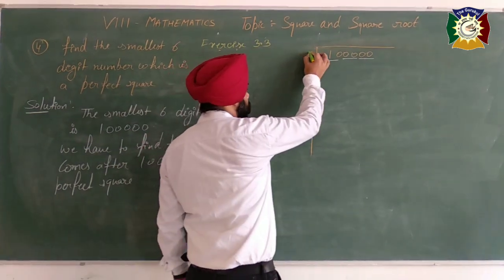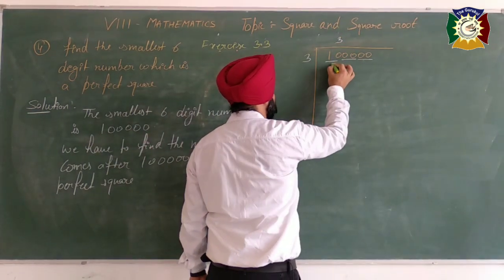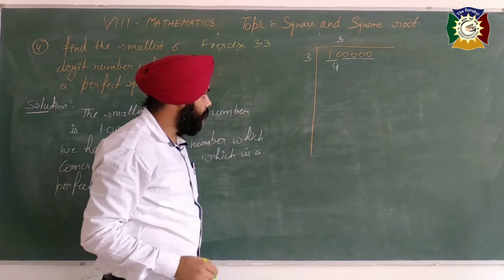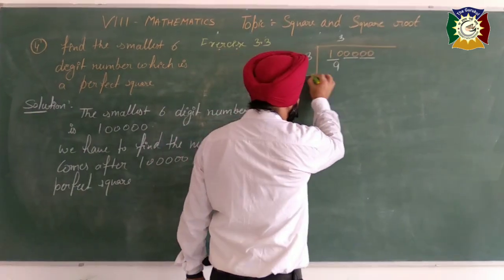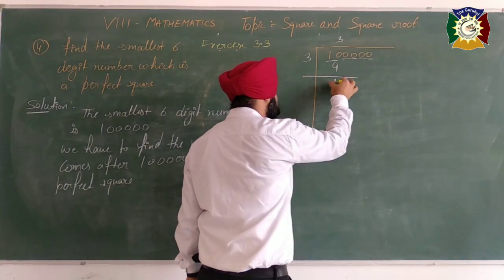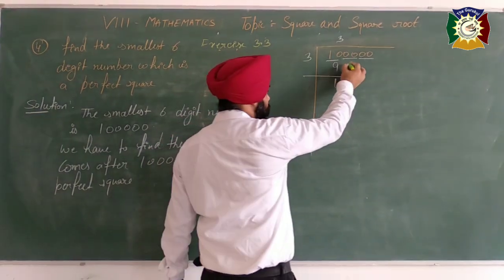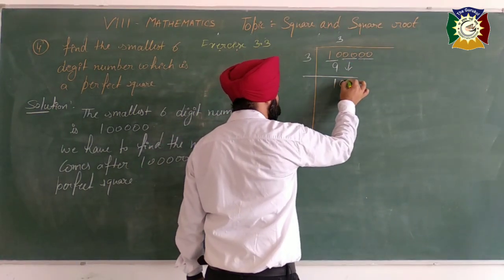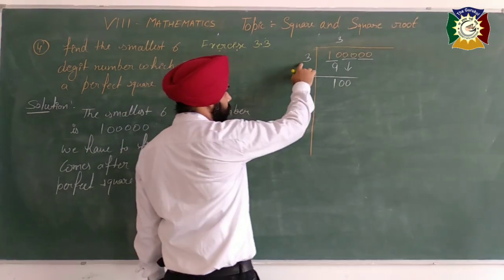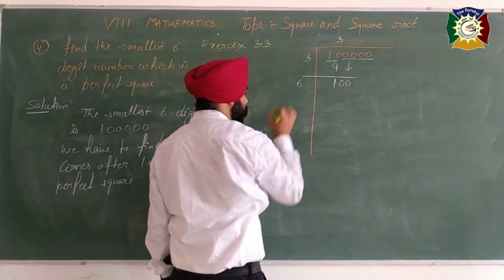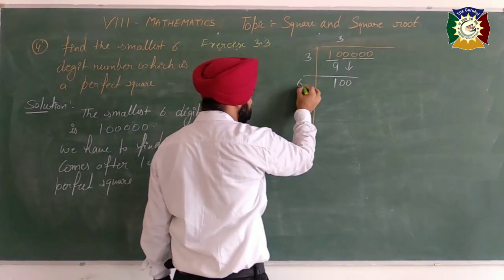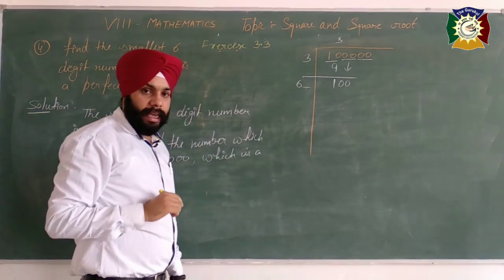So 3 threes are 9, we take that here. Then 10 minus 9 is 1, and carry down this 00 pair and add them, 3 plus 3 is 6 in the tens place, and the ones place is left as it is.